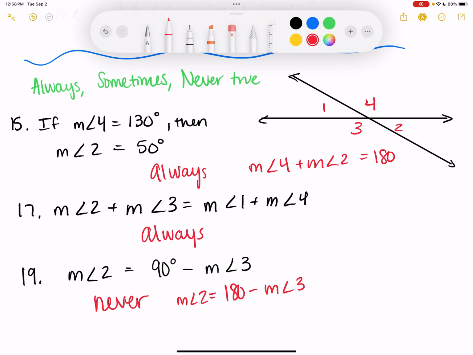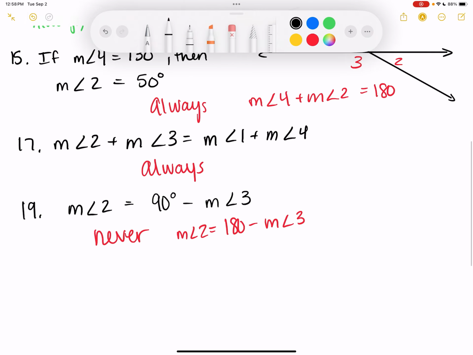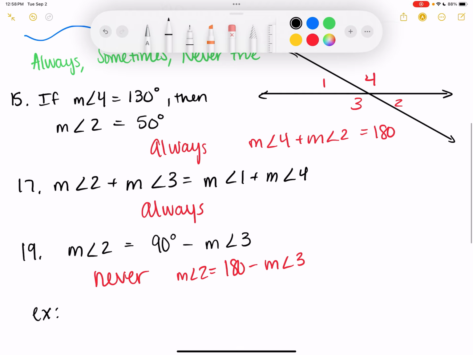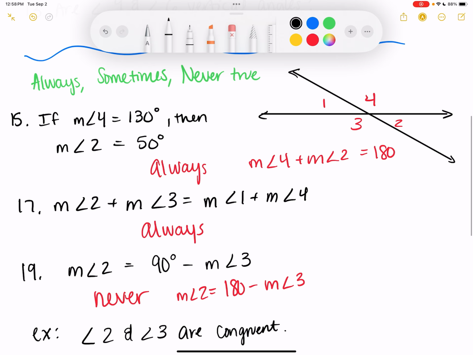Another one, just as an example, if they said angle 2 and angle 3 are congruent. Is this always, sometimes, or never true? And we're assuming that all we have is the picture as a visual and what they told us.